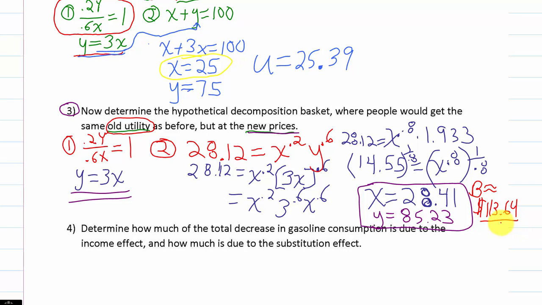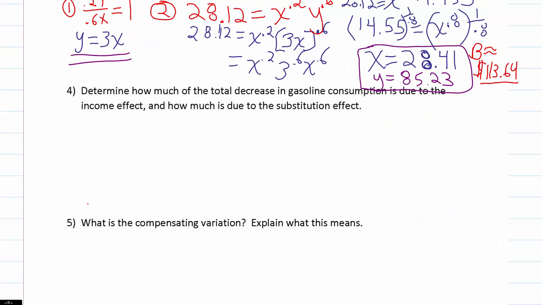It's a relatively small increase, $13.64. So we did this fourth part here where we analyzed how much of the change was due to the income and the substitution effect.